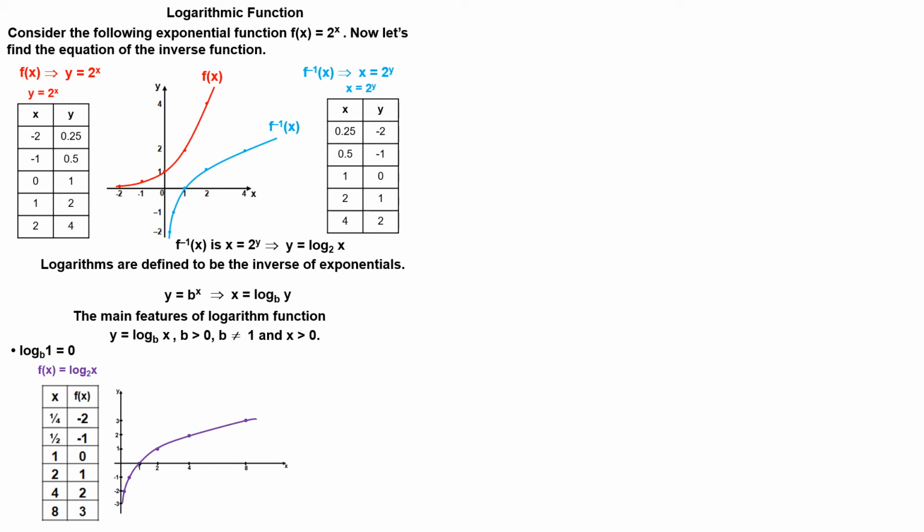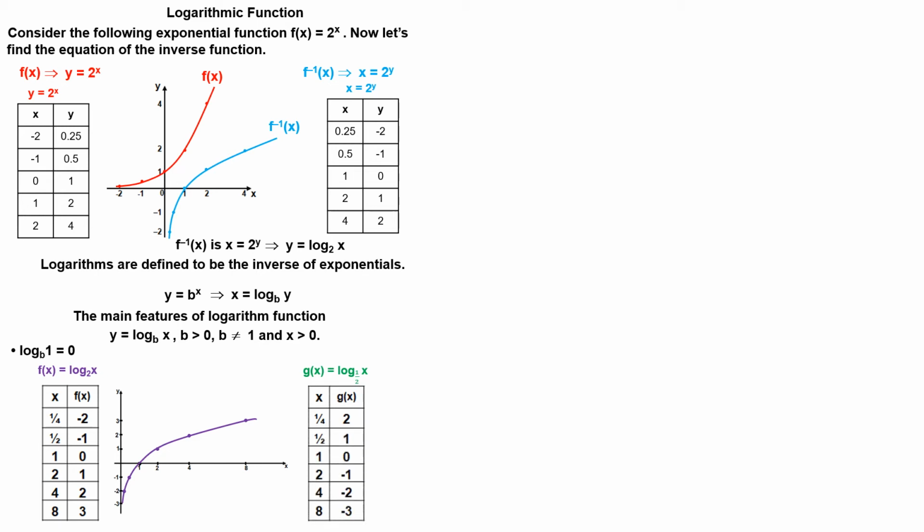Now let's graph the function y equals log base 1/2 of x. The inverse of an exponential function is a logarithmic function. Remember that the inverse of a function is obtained by switching the x and y coordinates.